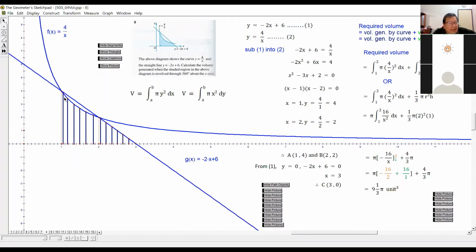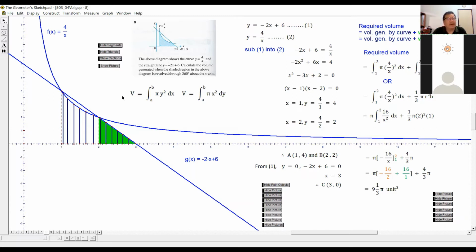One part is under the curve, and another part is under the straight line. Can you see that the shaded part consists of two areas? Yes or no? So it consists of two parts.